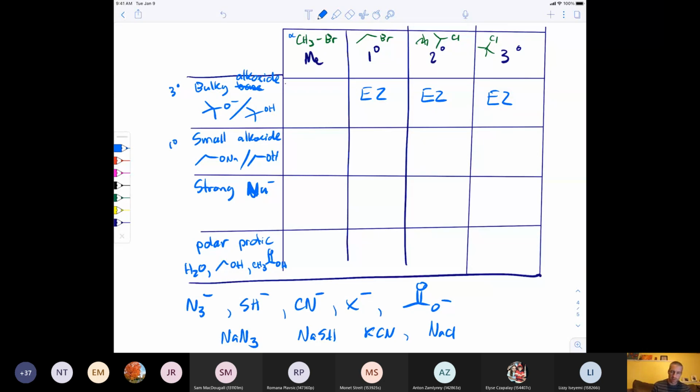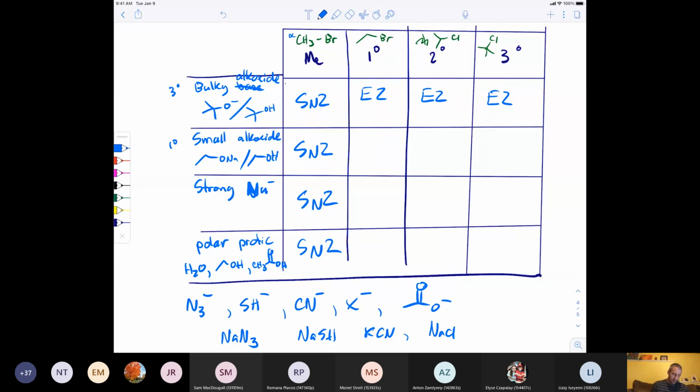In fact, the only thing methyl bromides can do at all is SN2. They can't do any sort of elimination, and they can also not do SN1 because they cannot make a carbocation. So this whole line going down is going to be SN2, SN2, SN2, SN2. That's the only option available to methyl compounds.